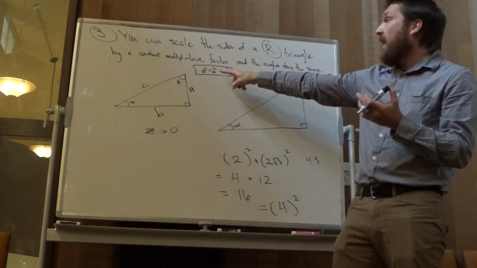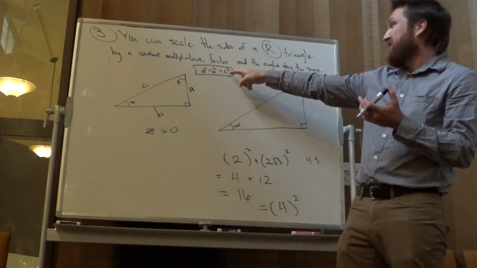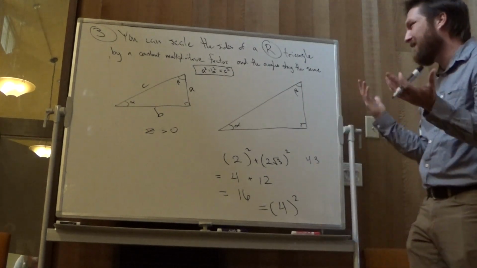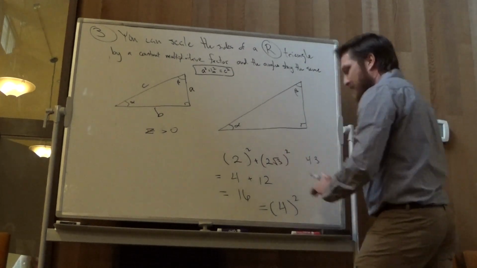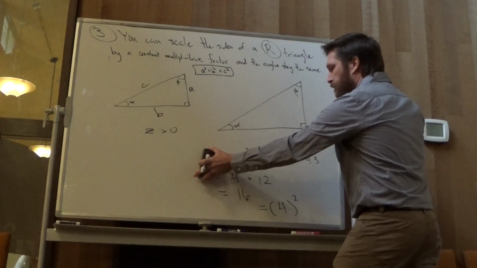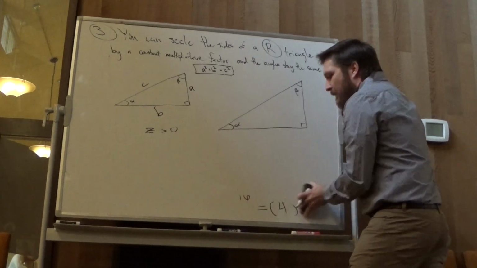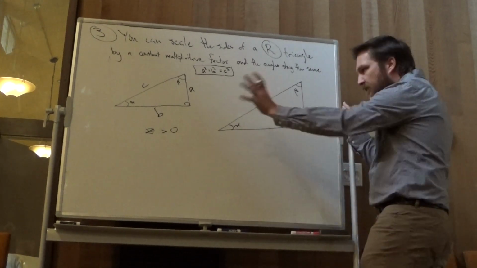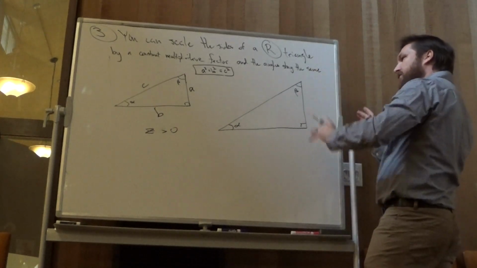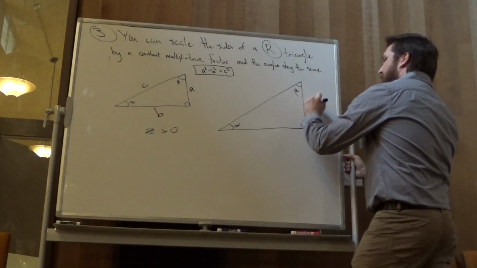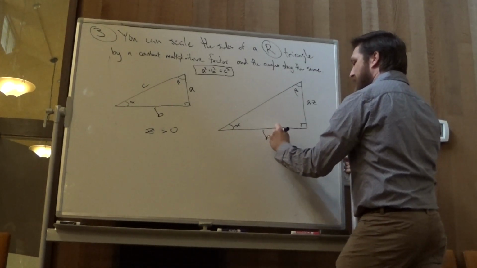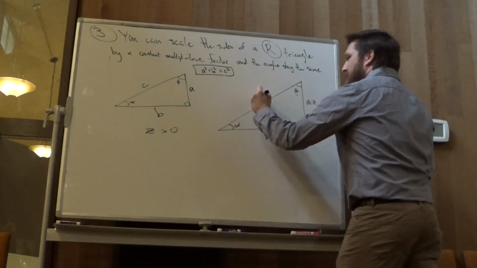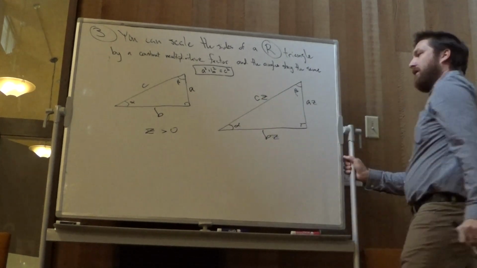Well, it still will apply, actually, because 0 squared plus 0 squared is equal to 0 squared. But you can see we're not doing that. So I'm going to take whatever positive number I have, and multiply every single side by it. So I have A times Z, B times Z, and then finally C times Z, like that.